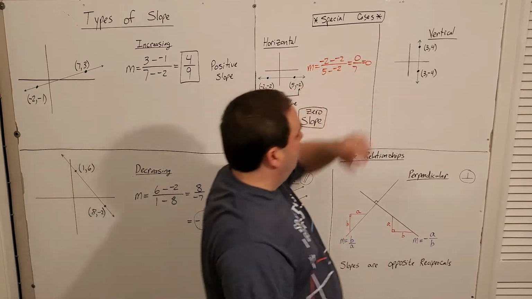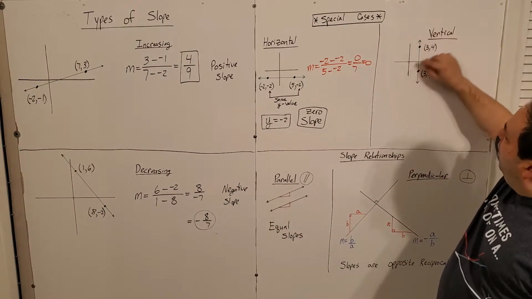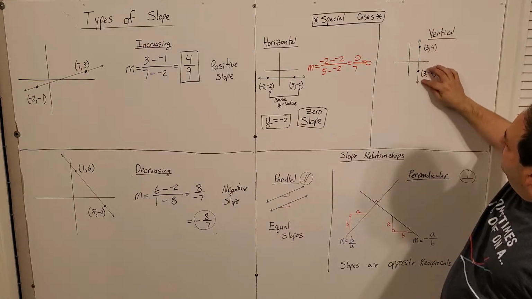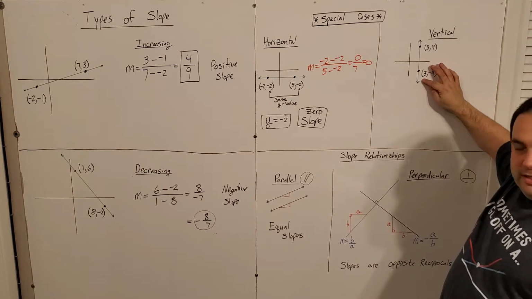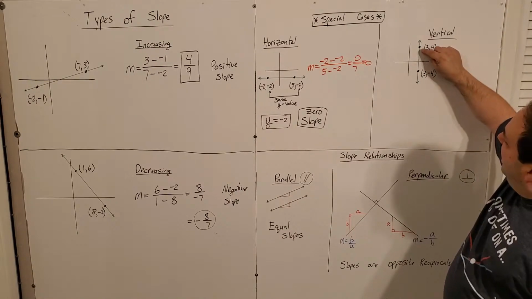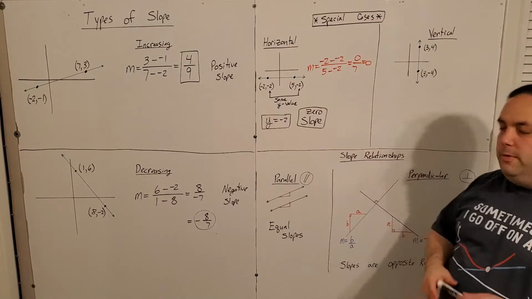Vice versa. Talk about vertical. Same kind of idea. But instead of y's, notice all of the x's are going to be the same here. Right? Well, this has an x coordinate of 3. This has an x coordinate of 3. This is just one example. Vertical line could have been anywhere. Right? Every other point on this vertical line is also going to have an x coordinate of 3.